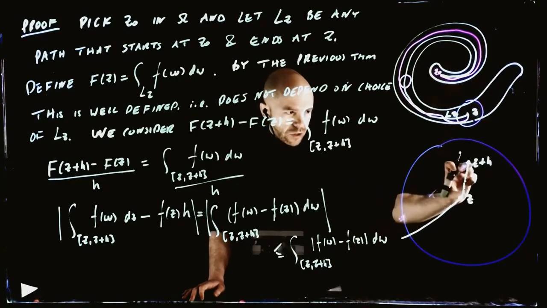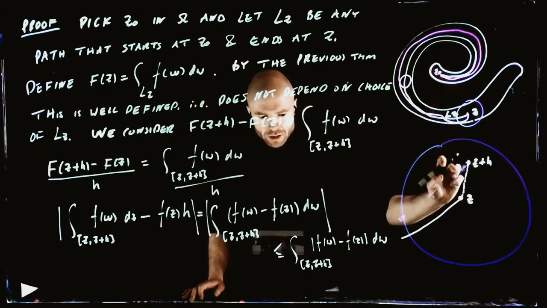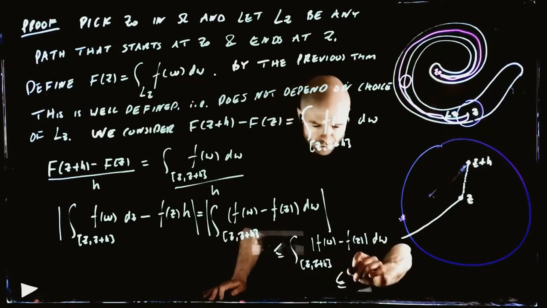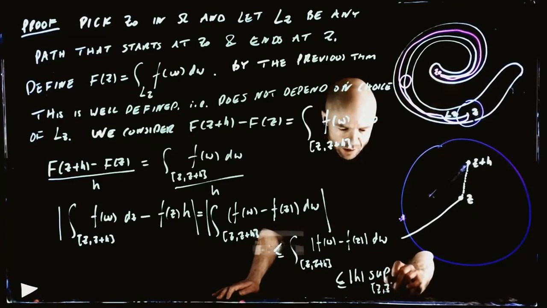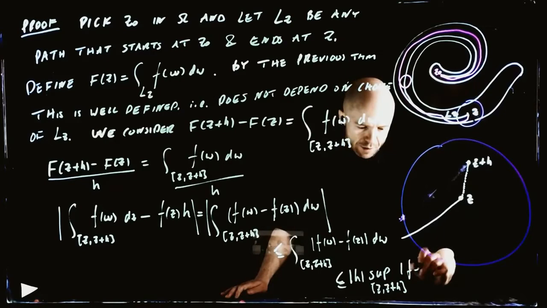And we're just going on this little tiny interval of length h, right? So this is less than just the length of this path, h, times the supremum over this interval from z to z plus h of f minus f of z.